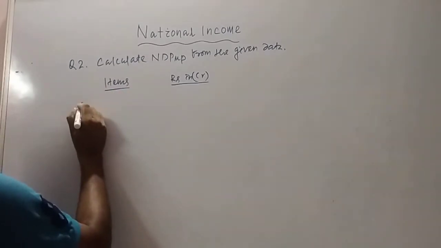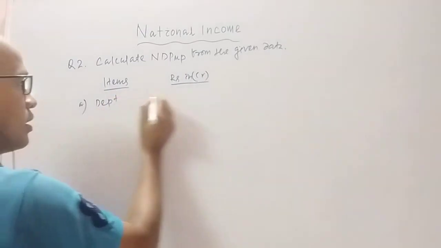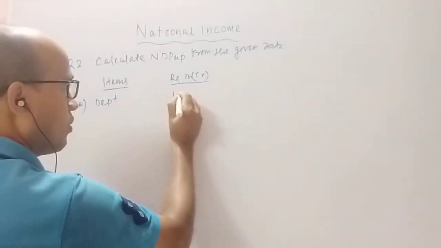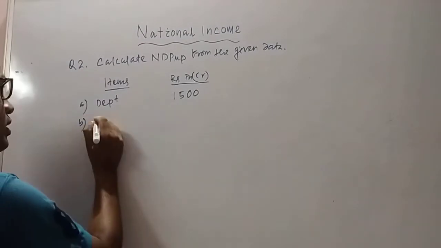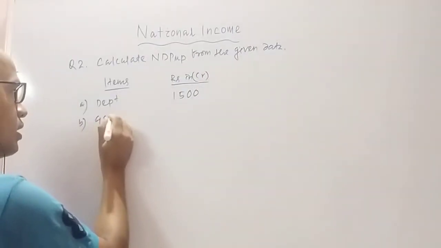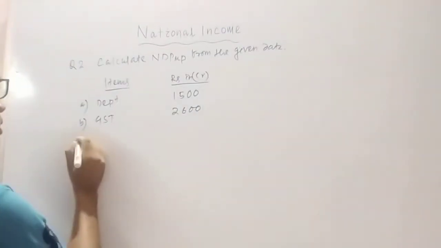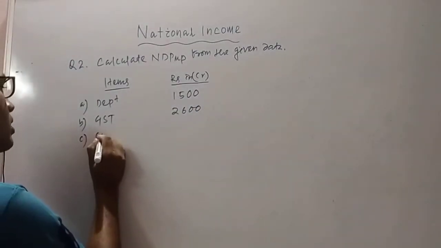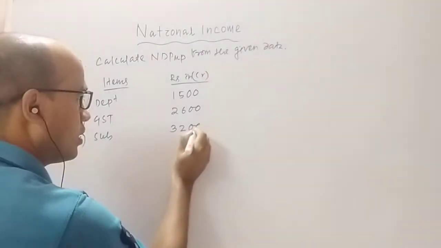The first one mentioned is depreciation, 1,500. After that is GST, 2,600. After that is subsidy, 3,200.